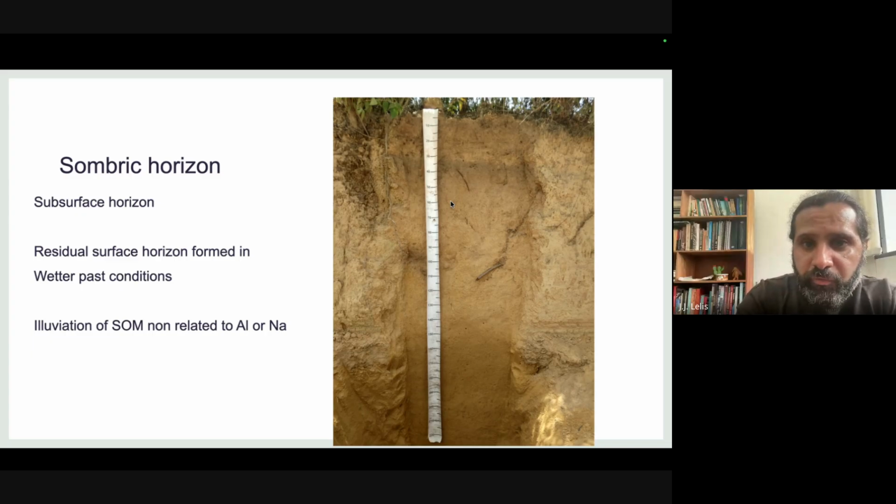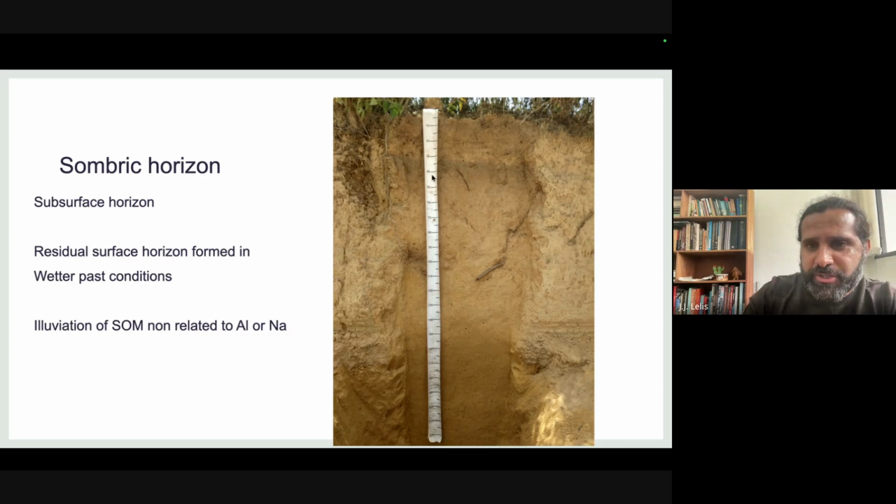So it formed, for example, an umbric horizon, okay, with a very thick surface horizon, that reduced from darkish colors to strong reddish or yellowish color now, and registers some high content of organic carbon.